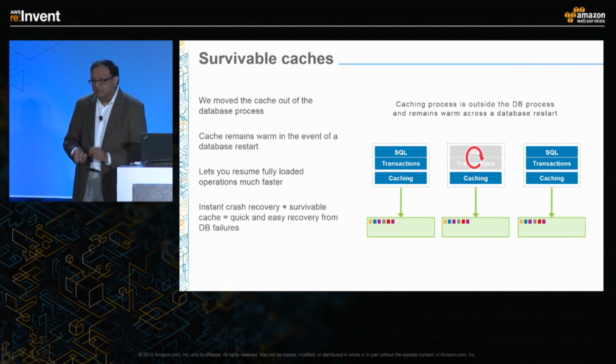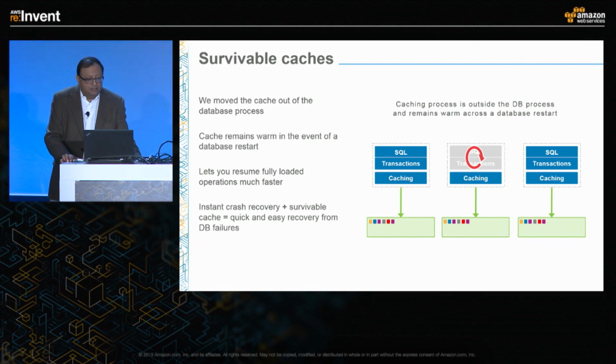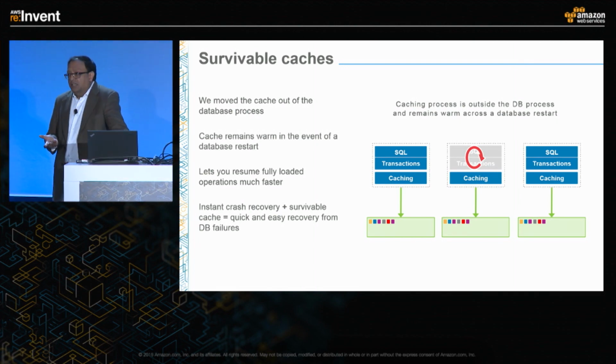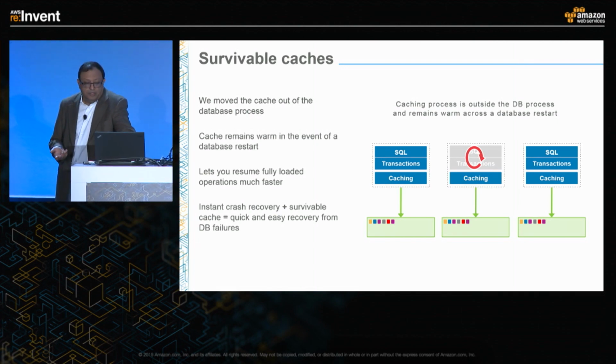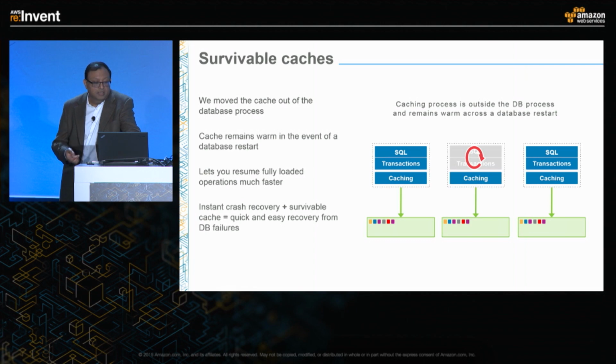And so that's a bad time. In this case, since the cache is already warm, you can resume fully loaded operations much, much faster. And you don't have to think about when that is, it just happens. And so the combination of survivable caches and instant crash recovery makes database failures pretty fast.